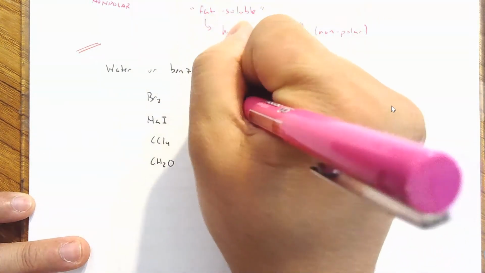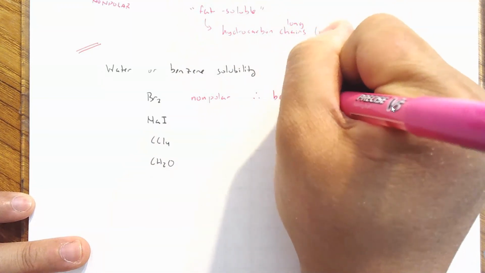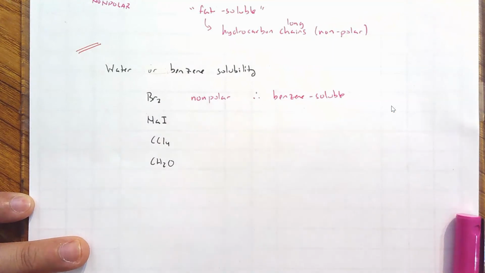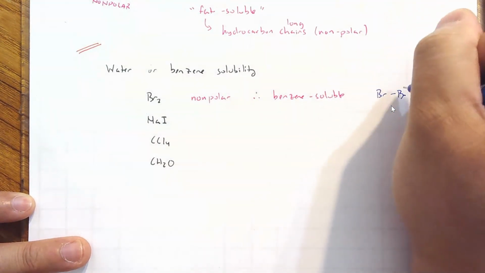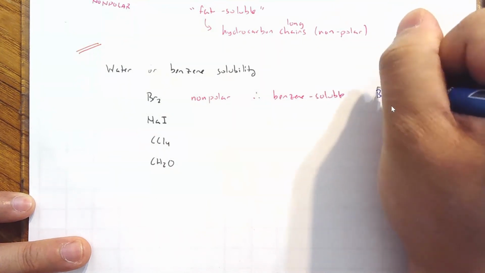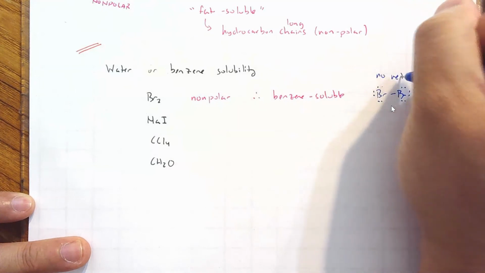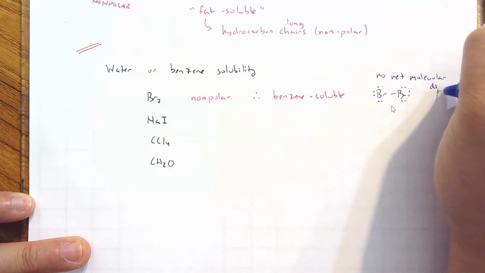This is nonpolar. So therefore it's benzene soluble. There's no dipole when you have diatomic molecules. No net molecular dipole.